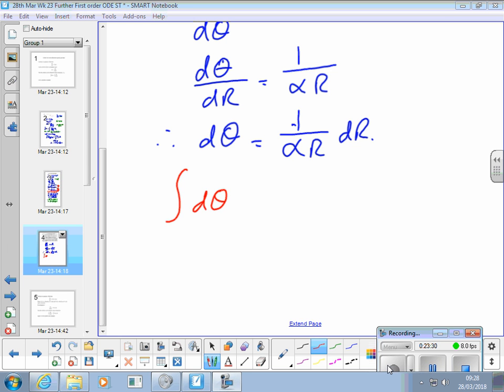So we take the integral of d theta. What's the constant involved here that we could take outside an integral, which is what you guys seem to prefer? 1 over alpha times the integral of 1 over R dR.